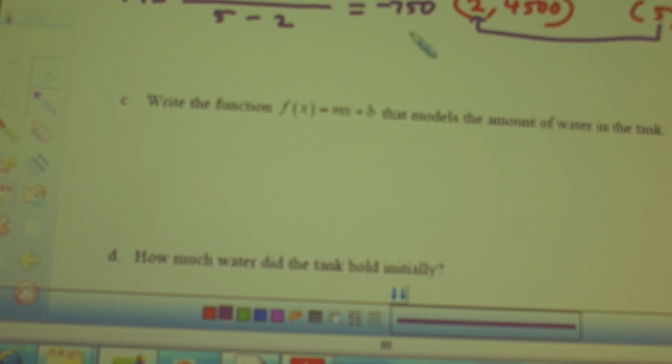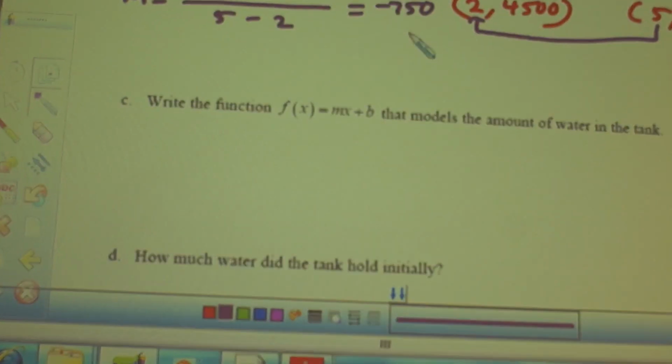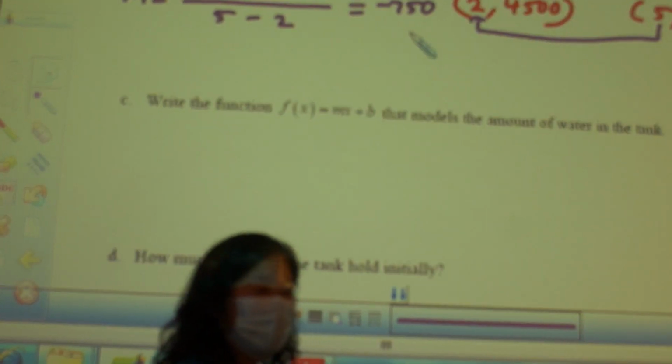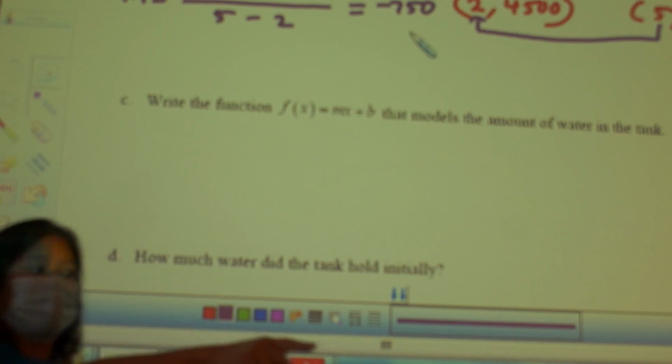Now interpret it in the context of the problem. Again, this is one that's going to be on your exam that people are going to be like, I didn't know what to say, so I just left it blank. Interpret it. What does it mean? That means for every hour, what happens? We lose how much? 750. 750 what?